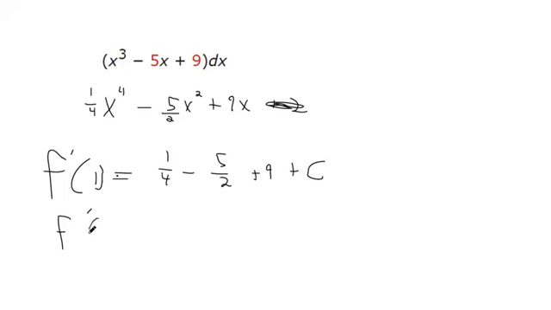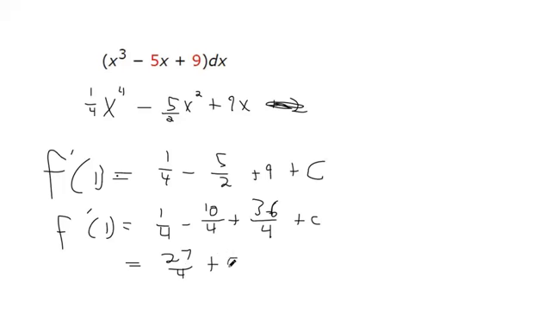So to finish out what it is in terms of c sub 1, I just want to get common denominators. 1/4 minus 10/4 plus 36/4 plus that constant c. So that's going to be negative 10 plus 36 is 26, 27/4 plus that constant c.